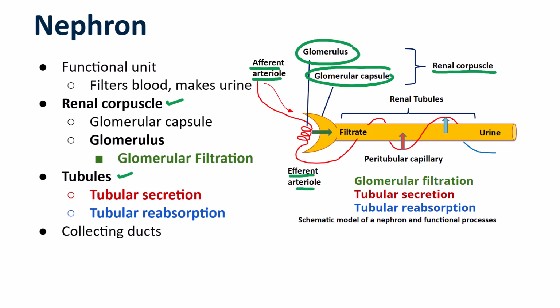And the efferent arteriole goes into a system of peritubular capillaries that surround the tubules. These peritubular capillaries and the tubules have two distinct processes that are occurring. They are tubular secretion and tubular reabsorption.